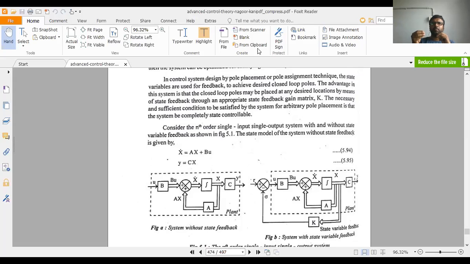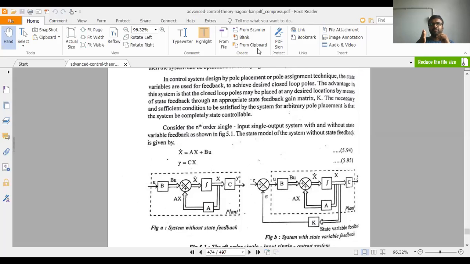In order to design a state feedback controller, initially you have to determine the state feedback gain matrix, that is supposed to be capital K.